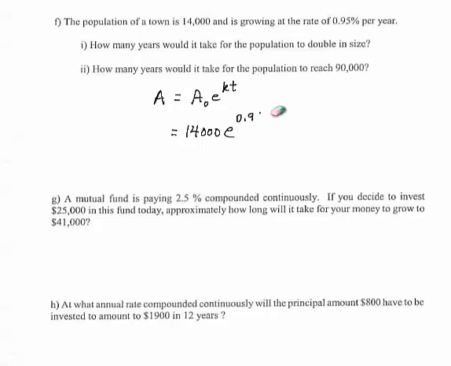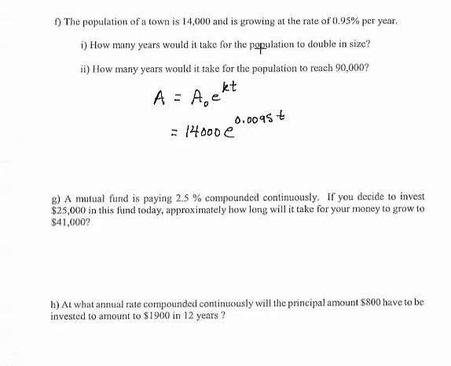We want to enter the decimal version of the percentage, so not 0.95, we want 0.0095, and I'll write t, since this is based on the amount of years that pass.